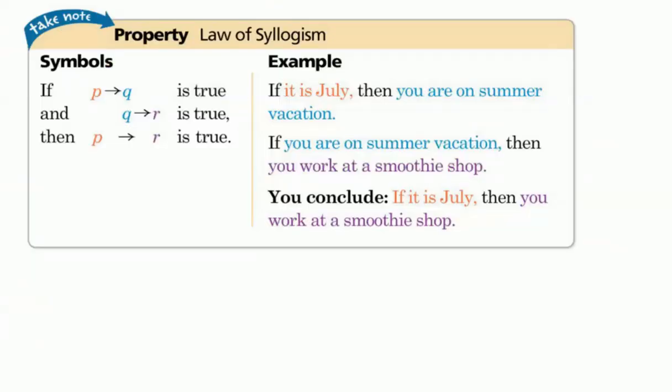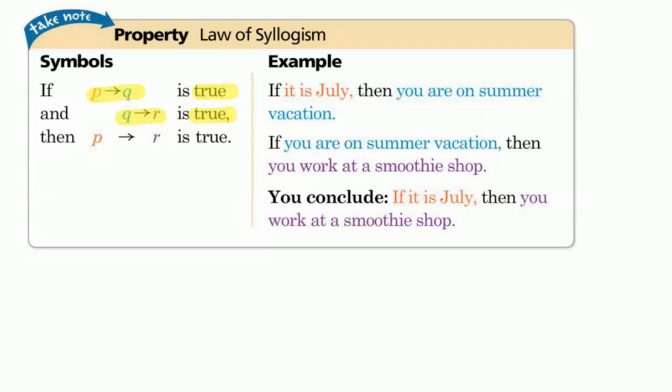For the law of syllogism, we are going to look at 2 given statements. They're both if-then statements, so they're both conditional statements. If P then Q is a true statement, so if our conditional is true, and the second statement, if Q then R, is also true. So they give you 2 conditional statements.